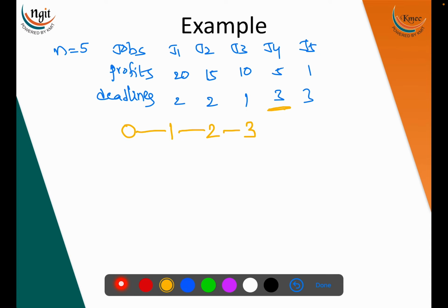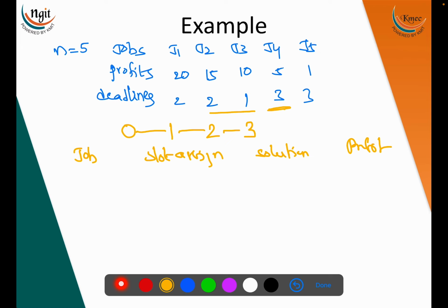Now the question comes to mind, which slot can I give to which job? The choice of slot for a job is always decided based upon the deadline of the job. So I consider which job I am considering, the slot I am assigning to it, and the solution and the profit.